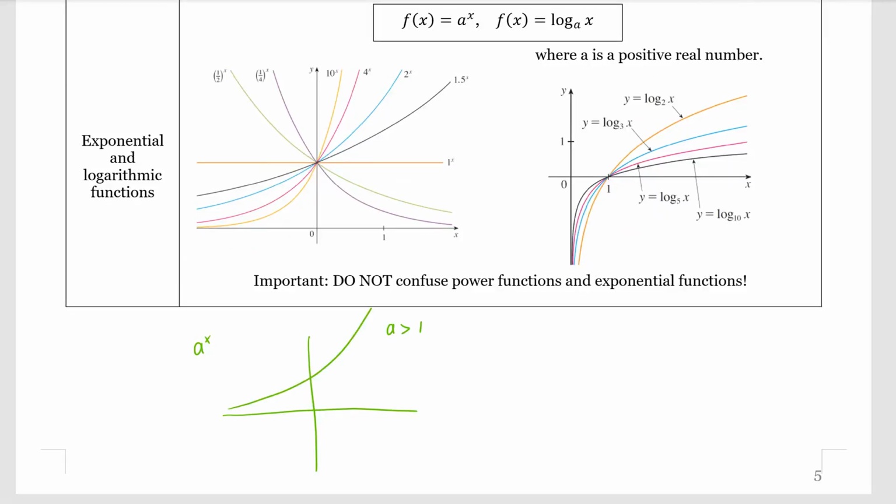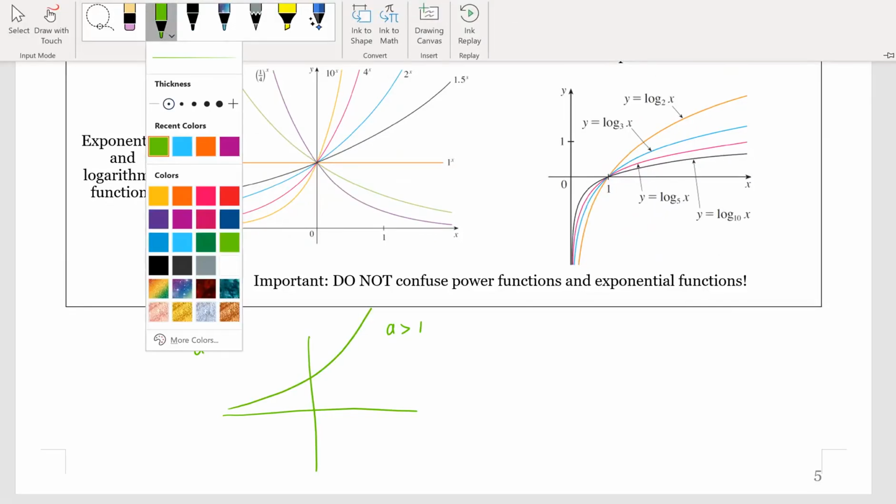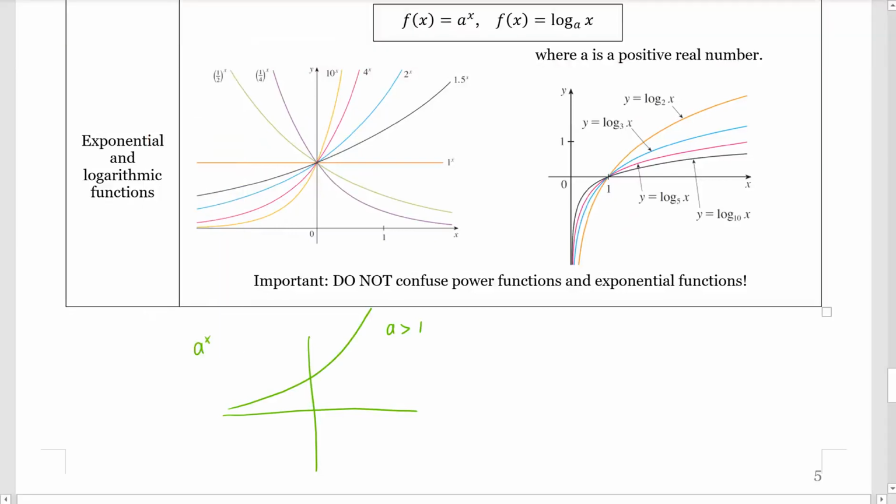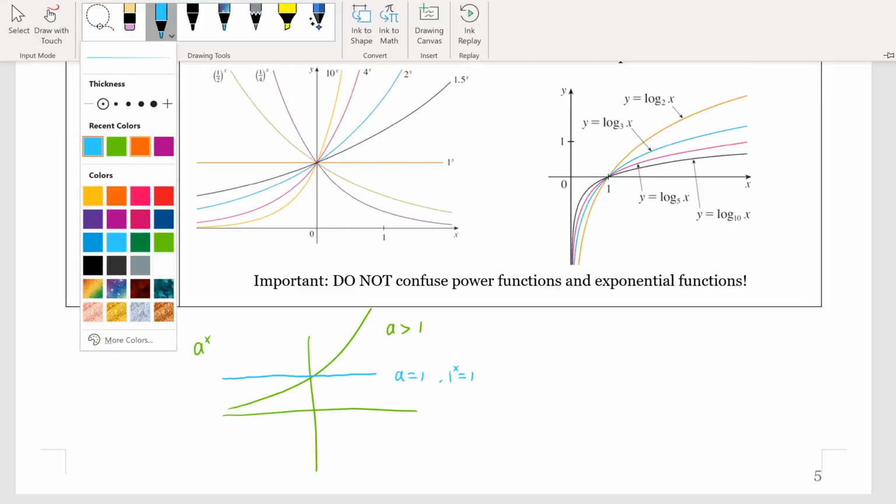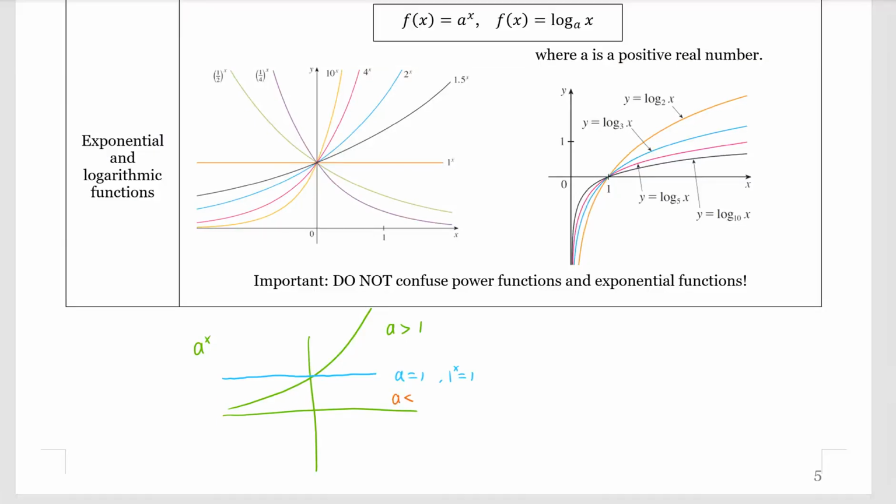If the base is 1, then 1 to the x is just 1, so we have a constant function. And if the base is less than 1 but greater than 0, because the base has to be a positive number: it's a to the x, and your x can be 1/2, then it's like the square root of a. You don't want to have square roots of a negative number.